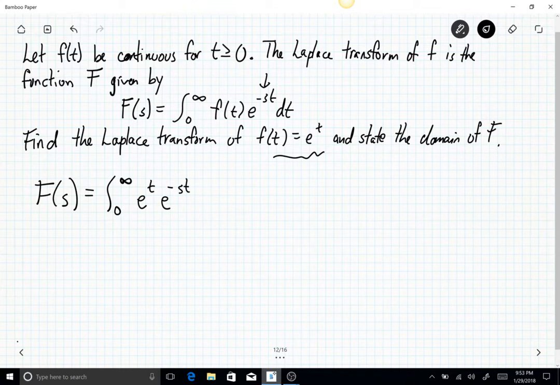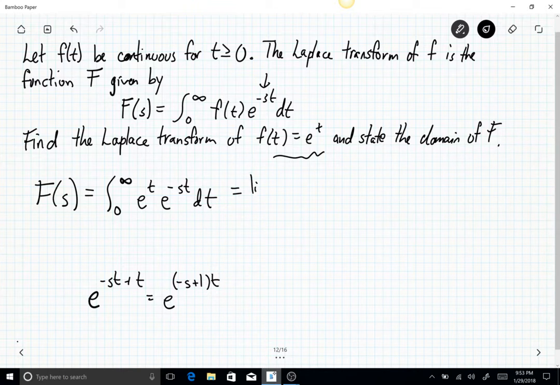And so then a dt. An easier way for us to write this and try and solve it, notice we can add that. So we get e to the negative st plus t by adding the exponents. And so you can rewrite that as e to the negative s plus 1 times t.